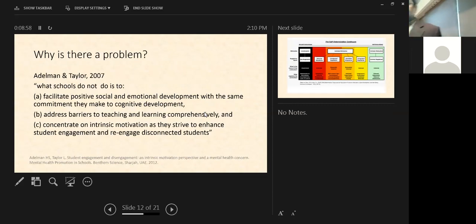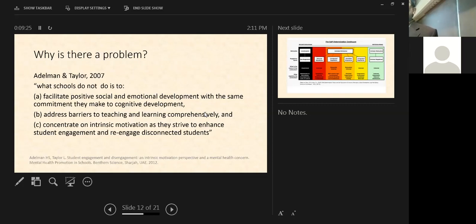So why is there a problem? Without pointing at students, faculty, or anything, what I found from the literature was that schools, in general, not just colleges and universities but primary and secondary schools as well, do not facilitate positive social and emotional development with the same commitment that they have to cognitive development.